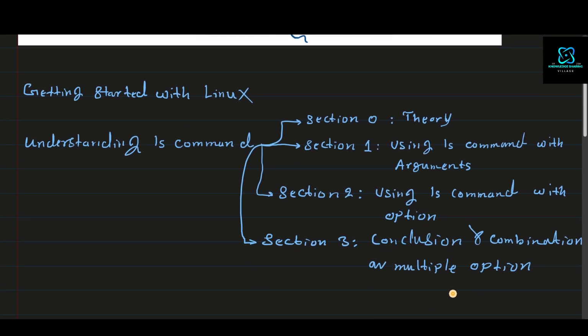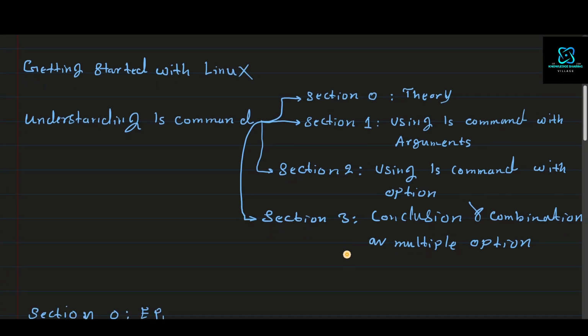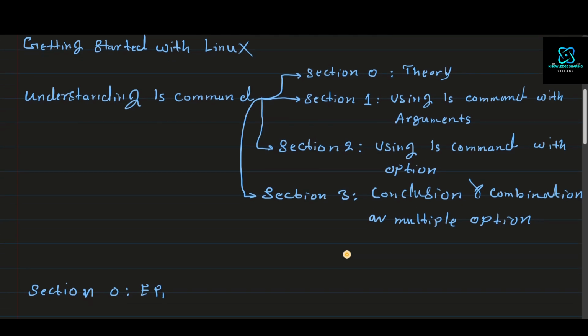And in the fourth section we are going to conclude what we have learned and maybe show some examples. We have the ability to use multiple options simultaneously. We are going to show that also.